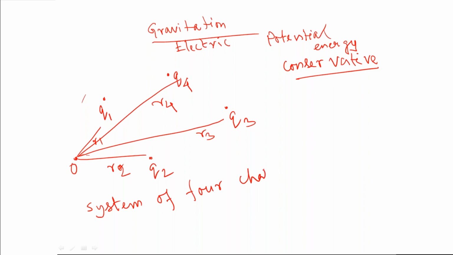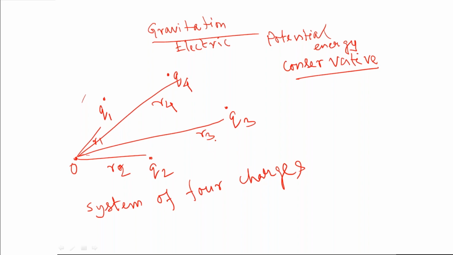The question is, to create such a system, how much potential energy or how much work do you have to do? What is the potential energy held by this system of four charges? In other words, if I want to create such a system of four charges Q1, Q2, Q3, Q4, how much work do I have to do?